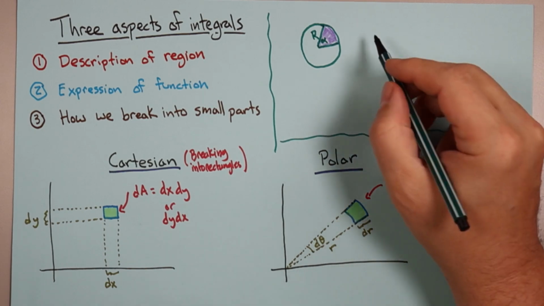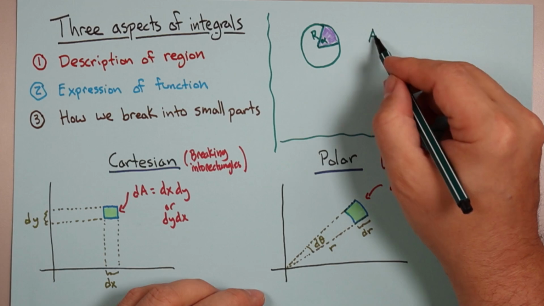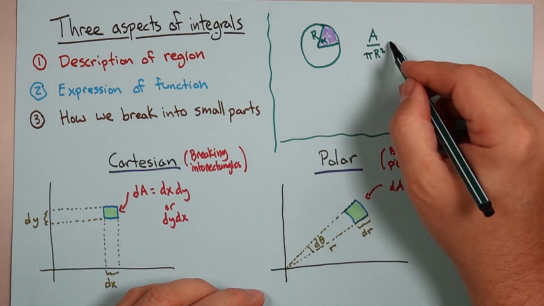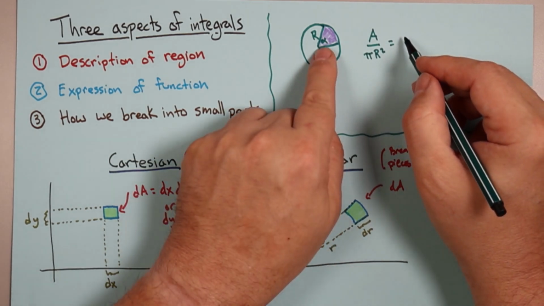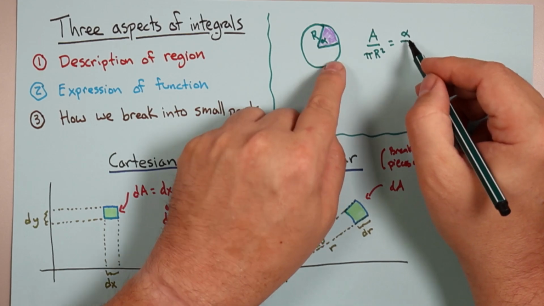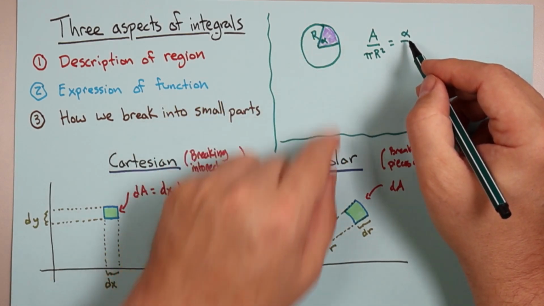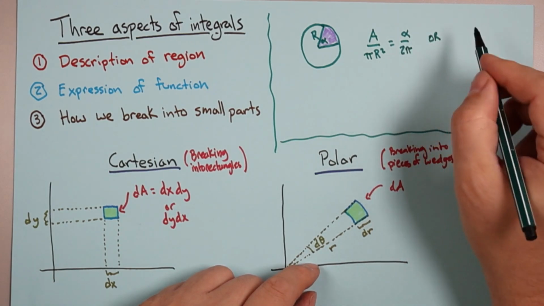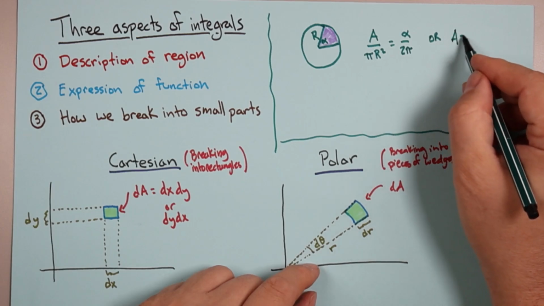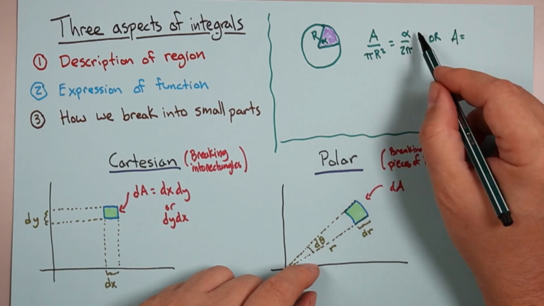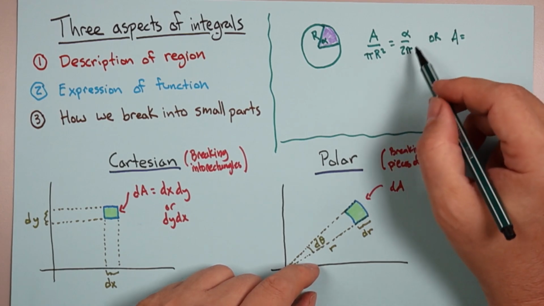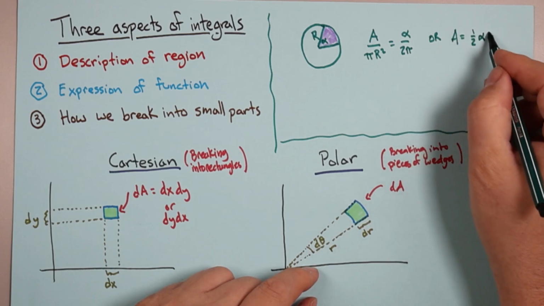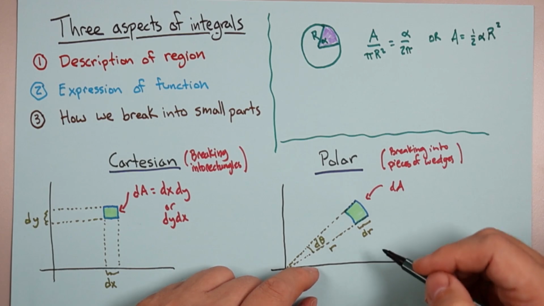So the area that we're after, we'll call it A, is to the whole area, well, we know the area of a circle is pi r squared, as the angle at the center is to all the way around. Now a full revolution is 2 pi. Or we say, hey, that says that the area is equal to, if you multiply the pi r squared across, the pi's cancel, you get 1/2 the angle, the radius squared.